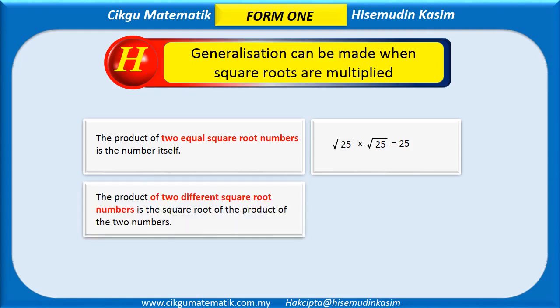The product of two different square root numbers is the square root of the product of the two numbers. The square root of 25 times the square root of 49 equals the square root of 25 times 49.